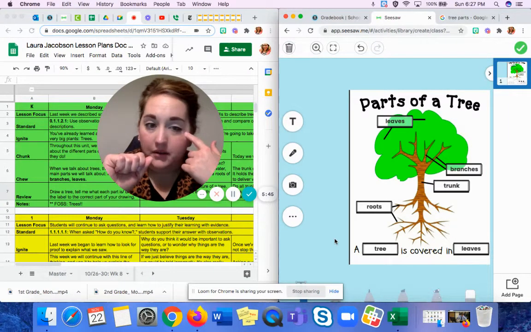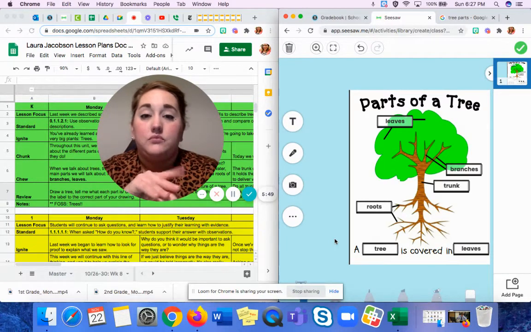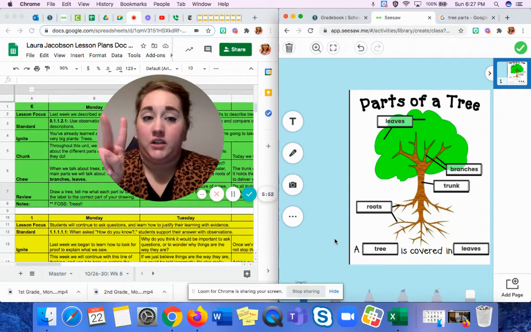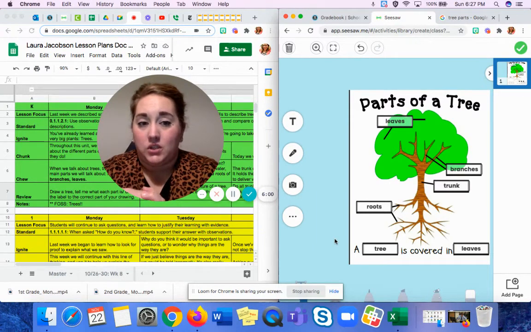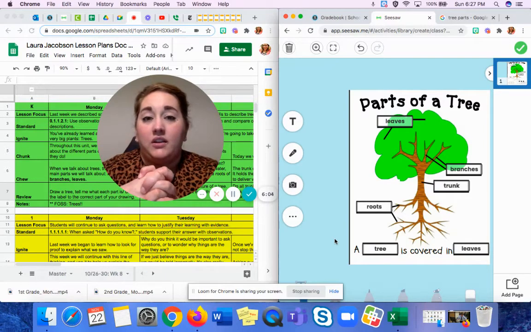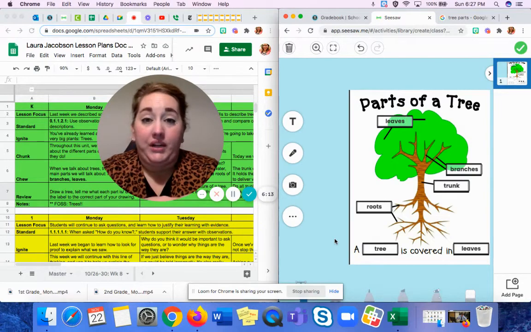Okay, so now that I've completed this system here, you have two options for your assignment today. What I want you to be able to do is label the parts of a tree. I'm giving you the option today. You can either label your own tree that you draw, or you can label mine.